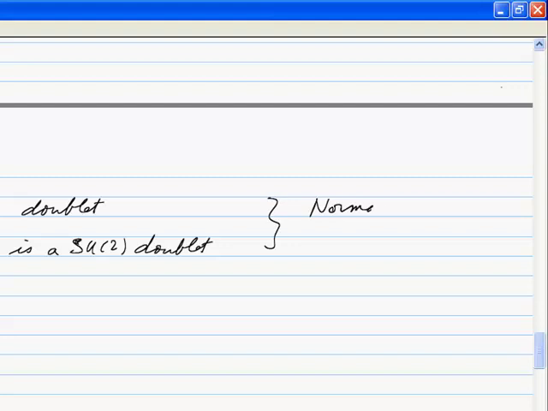Normally, if phi is a fundamental in SU(N), then phi star goes like the N bar representation.